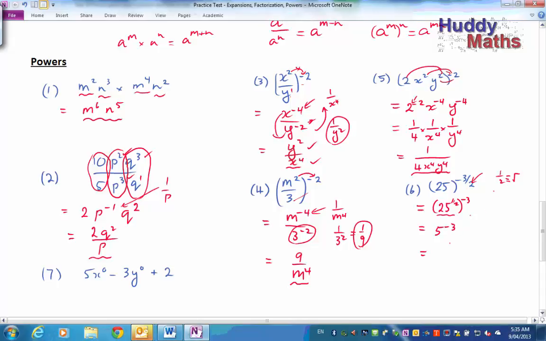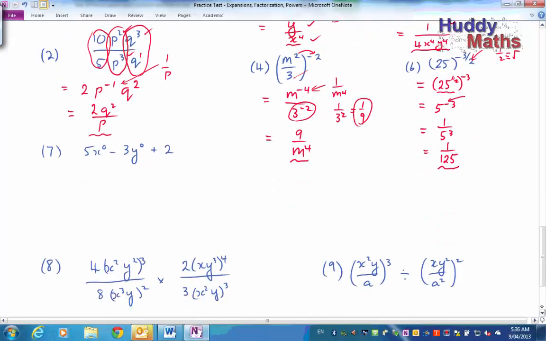Now 5 to the neg 3 is 1 over 5 cubed. Remember, the negative power means 1 over. 5 cubed is 125. You do it on the calculator. So it's 1 over 125. I've got some interesting ones there.